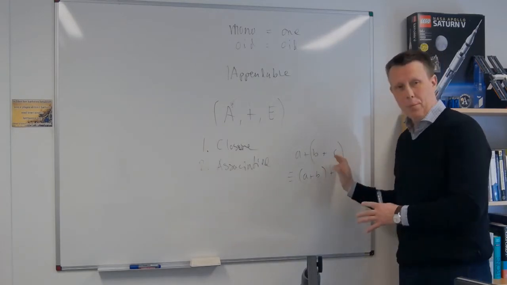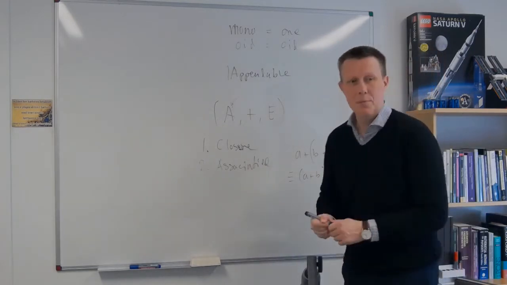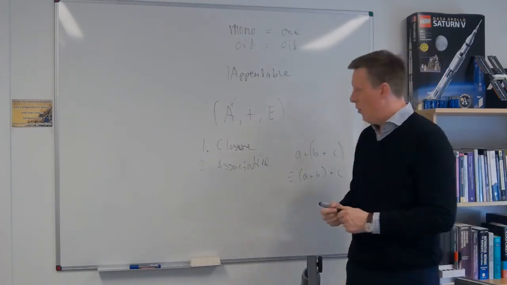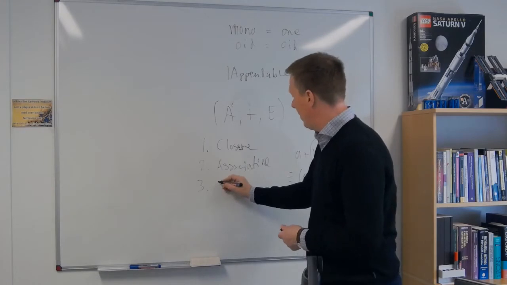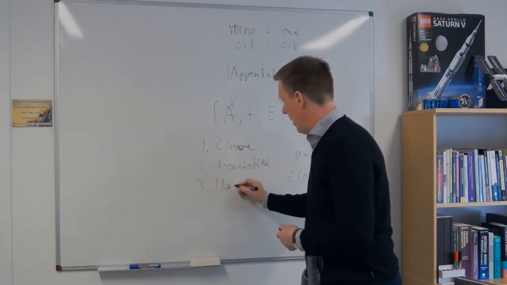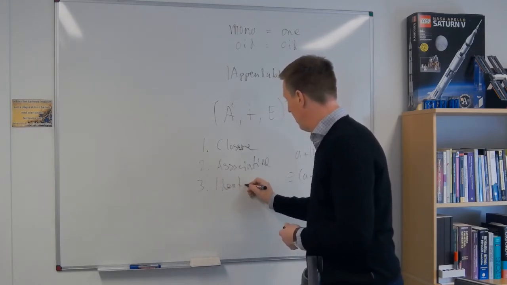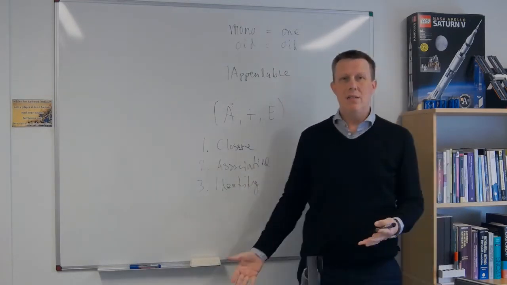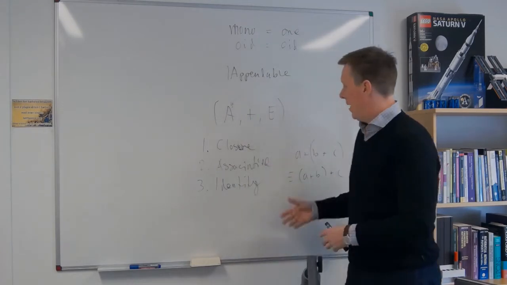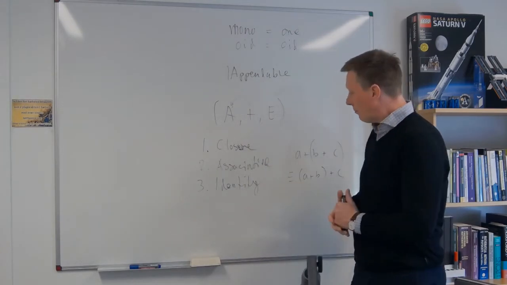And that's a useful property, as we will see later, especially when we talk about monoid homomorphisms. And the third thing is that we have a neutral element, which we call identity, which sort of acts as a 0 or a 1 in this monoid.